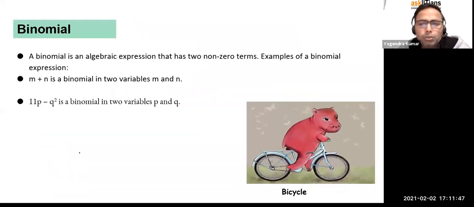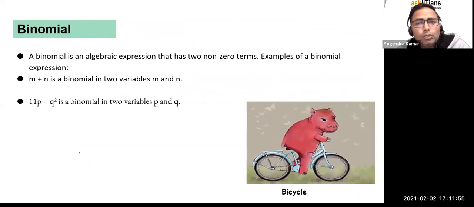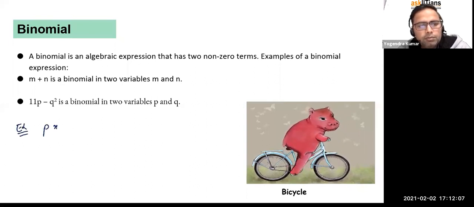A binomial has two terms. A binomial is an algebraic expression that has two non-zero terms. An example of a binomial is m plus n. There are two terms. 11p minus q square is also a binomial. A more useful example: p of x is equal to 2x plus 1.